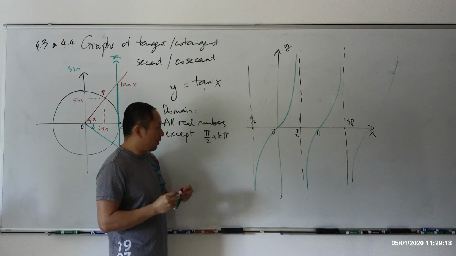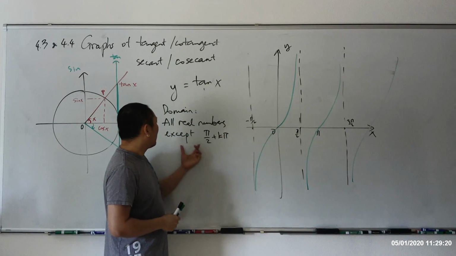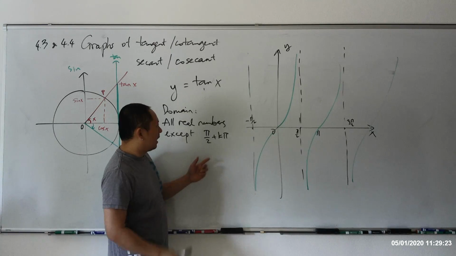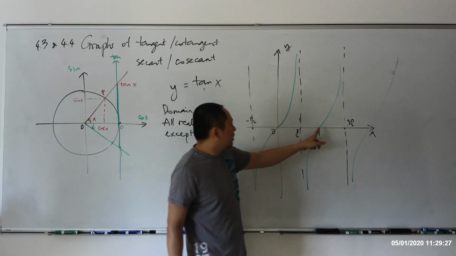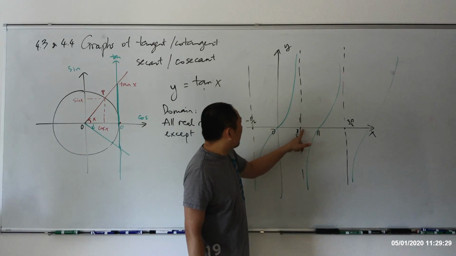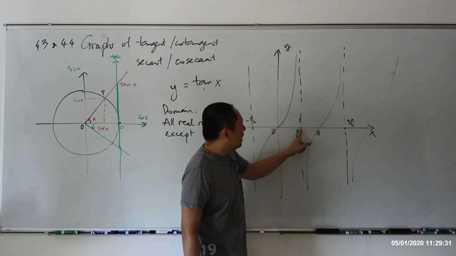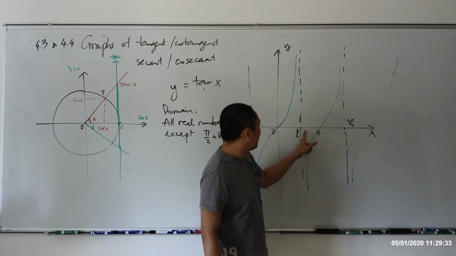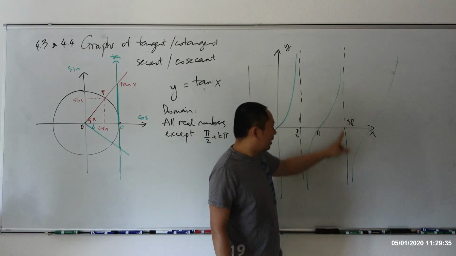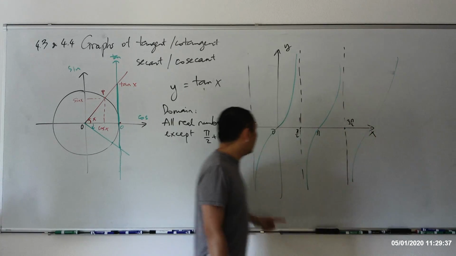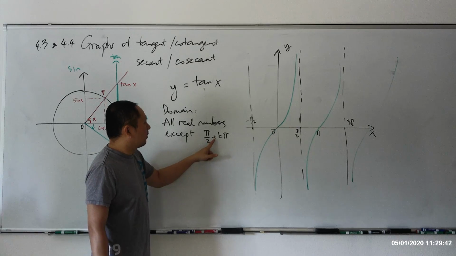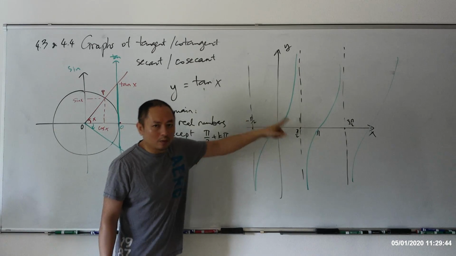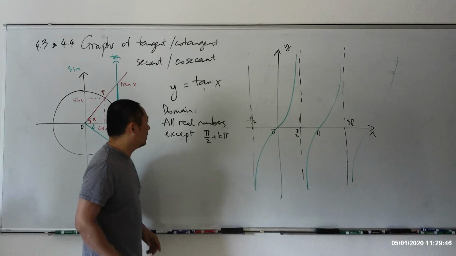Now let me explain the way we write it. We have a lot of exceptions in here. x cannot be equal to pi over 2, because it's a vertical asymptote there. If you jump a distance of pi, from pi over 2 to 3 pi over 2, you get another asymptote, and then another pi. And it's the same to the right as well as to the left. So pi over 2, plus pi, plus 2 pi, plus 3 pi, plus 4 pi, you still have the asymptote.